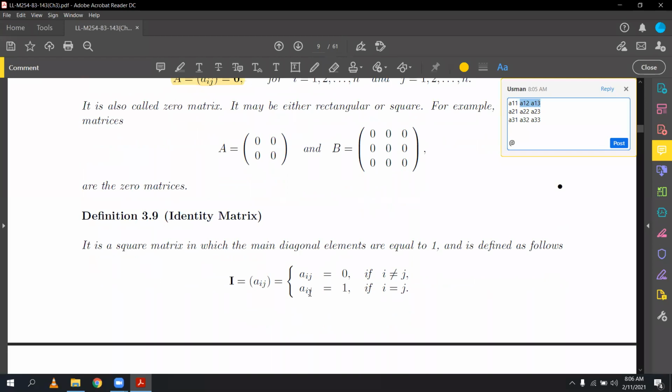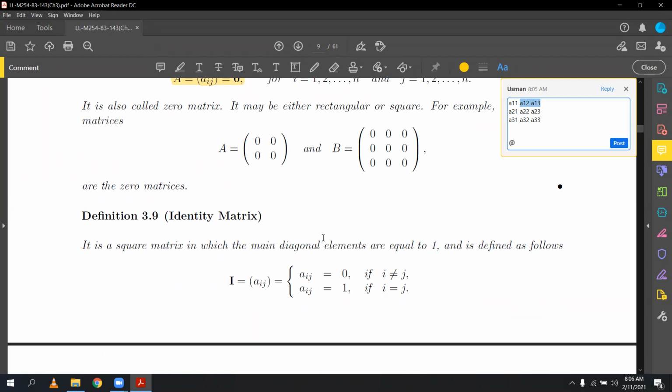So in a unit matrix, all the elements must be equal to 0 if i is not equal to j, and all the elements equal to 1 if they are equal. Where they are equal is here, A11, A22, so it should be 1 only, and up and down should be 0.